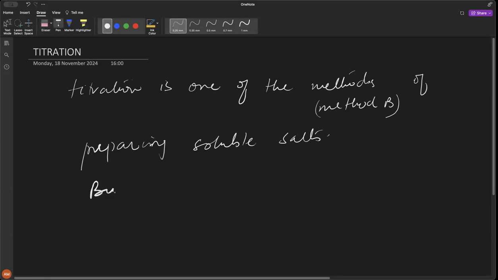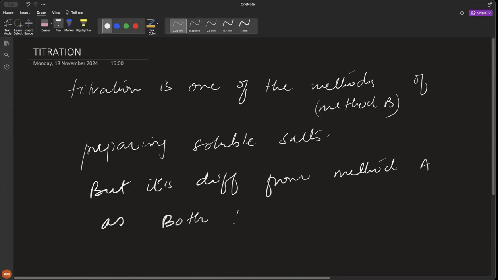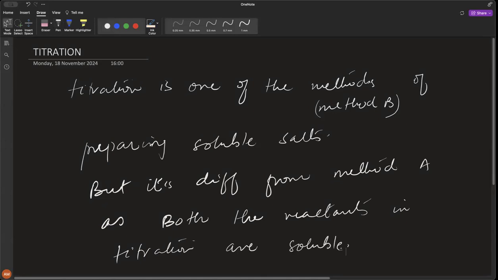It's different from method A, as both the reactants in titration are soluble, which means what?